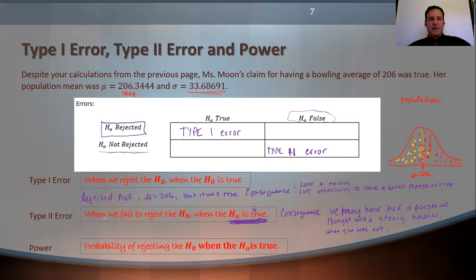In context here, when we fail to reject the null, that means we failed to reject the null. So the average was 206.